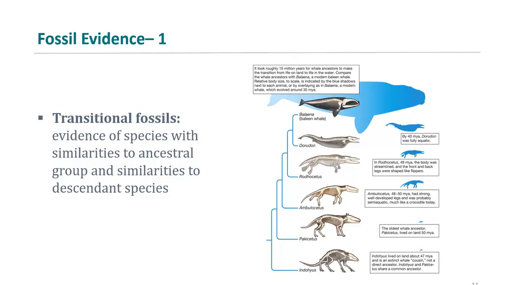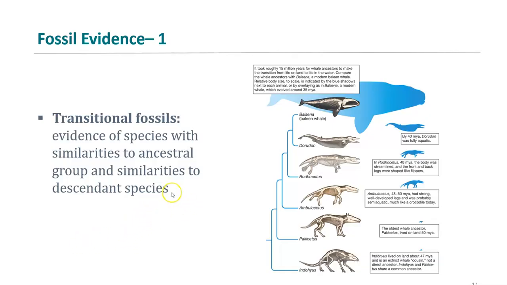Archaeopteryx shares features of both reptiles and birds, and it illustrates the gradual evolutionary steps between these major groups of reptiles and birds. And actually now birds are considered to be reptiles. So Archaeopteryx is an example of a transitional fossil. These fossils basically show intermediate traits between the ancient and the modern species.